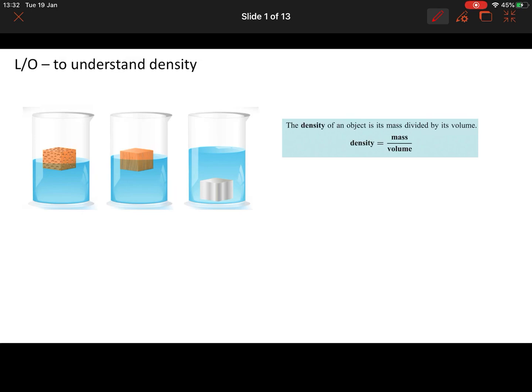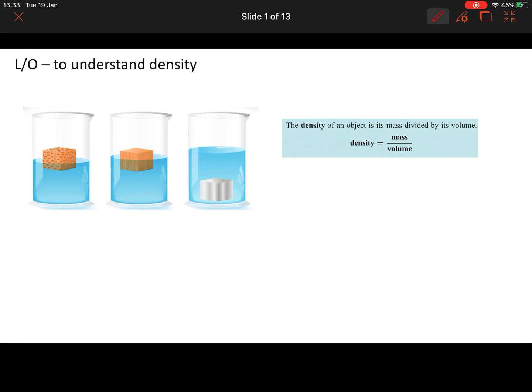For example, if we're thinking about things that sink and things that float, if I take a really, really massive sponge, it doesn't matter how large or heavy the sponge is, it will always float because it's very light compared to the amount of volume that it takes up. Whereas if I take a block of lead, it doesn't matter how small that block of lead is, it will always sink because it's very heavy when compared to the volume that it takes up.